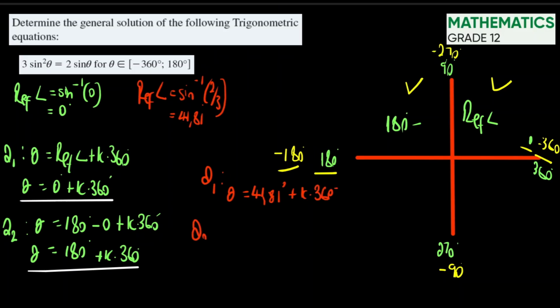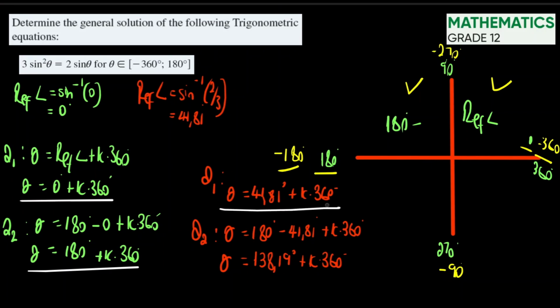And in quadrant 2, theta will be equal to 180 minus the reference angle. We should get 138.19 degrees plus k times 360 degrees. And those will be our solutions, the solution over there and that solution.